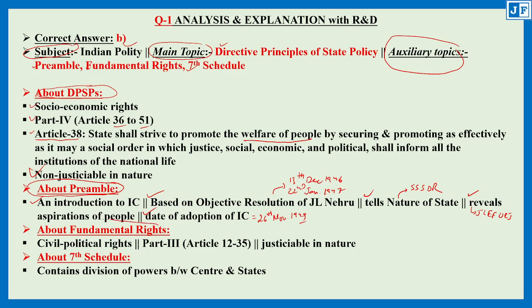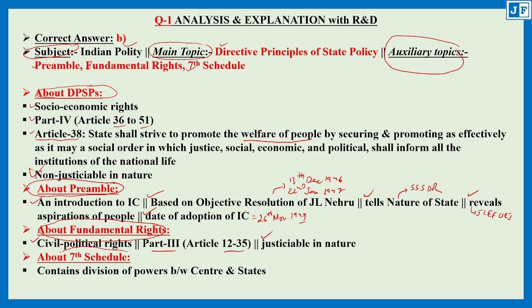Moving on, another term in the PYQ in this question is fundamental rights. These are civil political rights contained in Part 3 of Indian Constitution from Article 12 to 35. These are justiciable in nature. A person can go to court for their implementation.